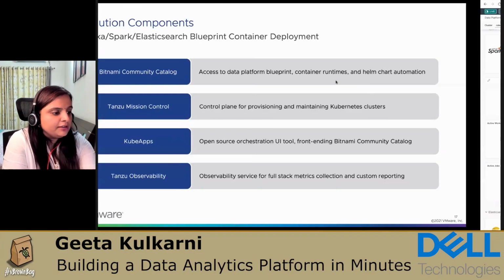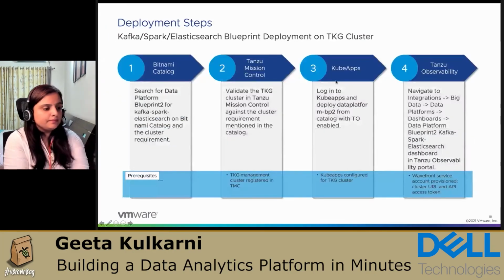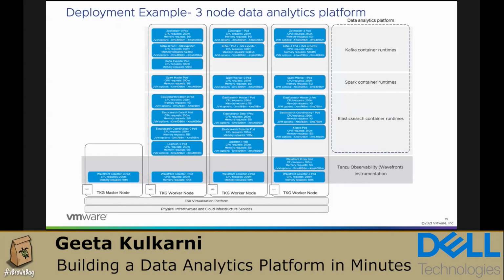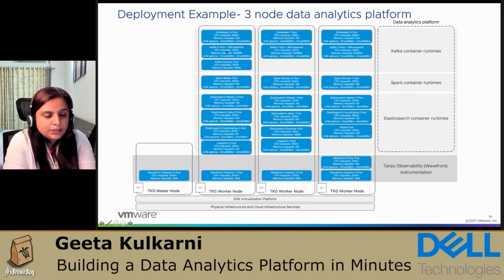So in a nutshell, the data platform comprising Kafka, Spark, and Elasticsearch on a Tanzu Kubernetes Grid cluster looks something like this. As you can see, each application pod has been placed on a different Kubernetes node for the best resiliency.